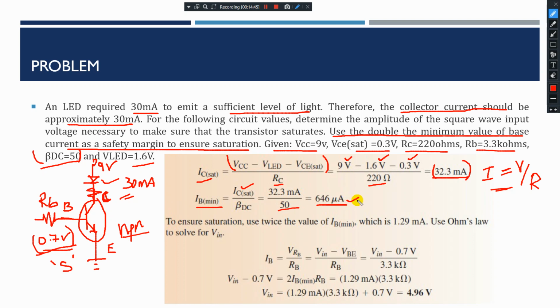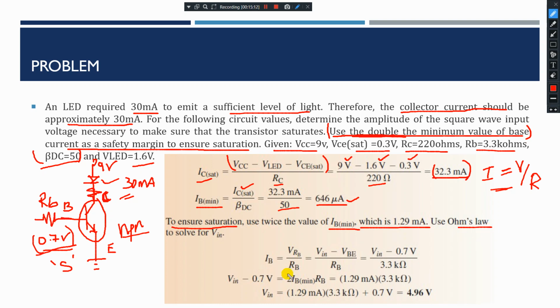This is the minimum current required for the transistor to be in on condition. To ensure saturation, use double the minimum value of the base current. So IB is 646 microampere, and doubling it gives 1.29 milliamps.